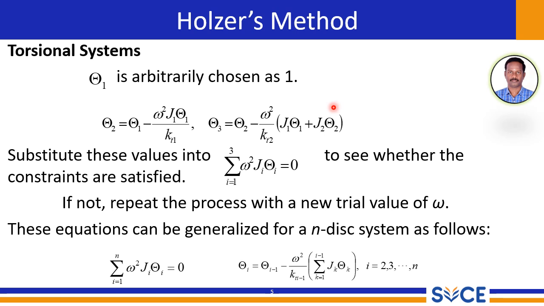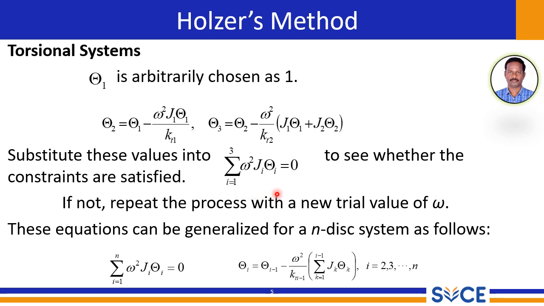Based upon our initial assumption, the assumed angular frequency ω, the moment of inertia and torsional stiffness, we substitute θ1, θ2, θ3 into this equation and see whether the constraint is satisfied or not. Once we have these values, we substitute them in this equation and check if this sum is equal to 0.